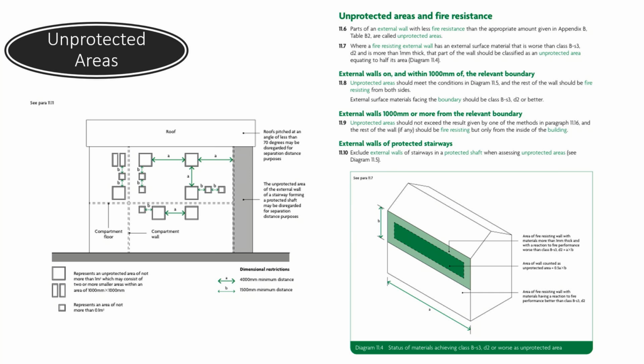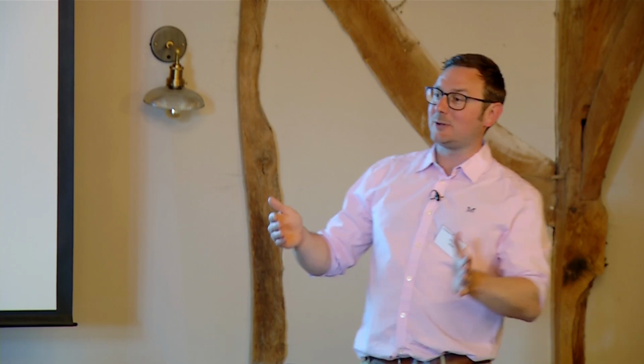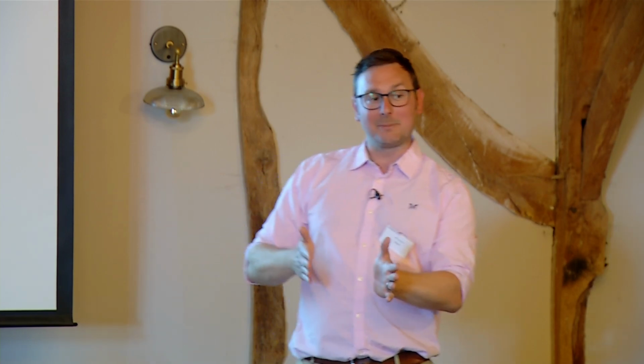And that requirement for fire resistance links back into table B2, which for a domestic dwelling house is 30 minutes fire resistance. So if you have unprotected area within 1 metre of a relevant boundary, the maximum unprotected area that you can have is 1 metre squared, and anything beyond that needs to be both fire resistant, REI 30, and B-s3, d2.